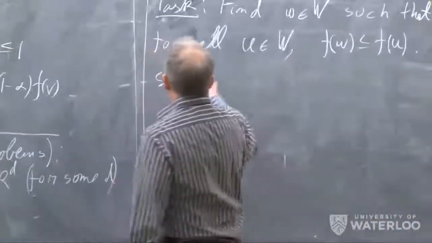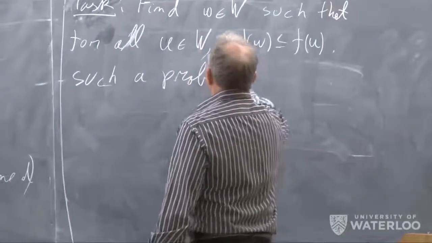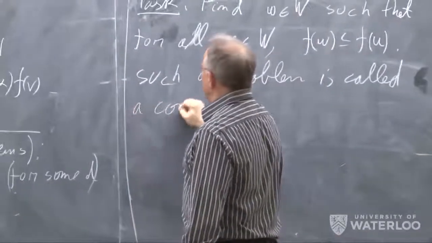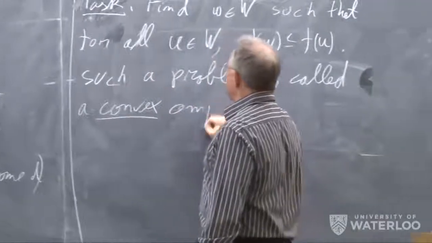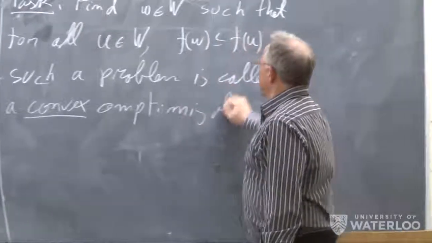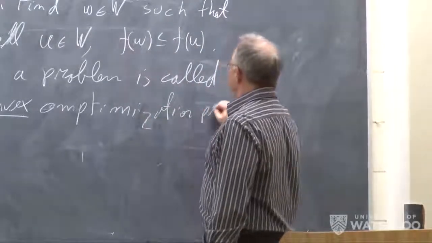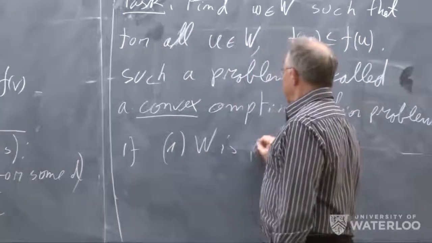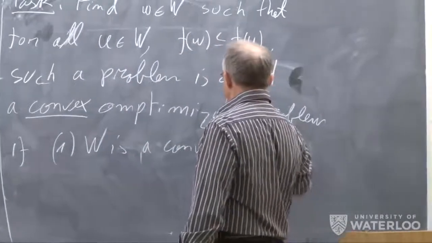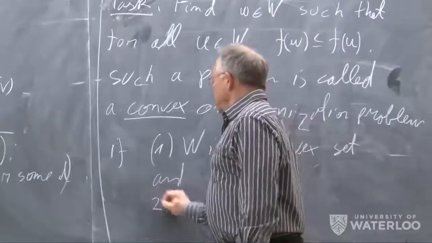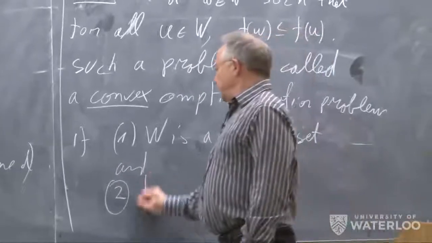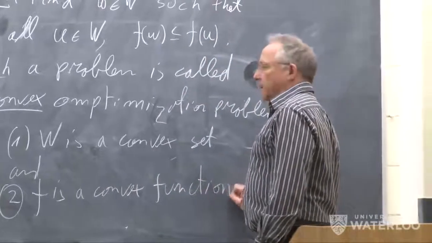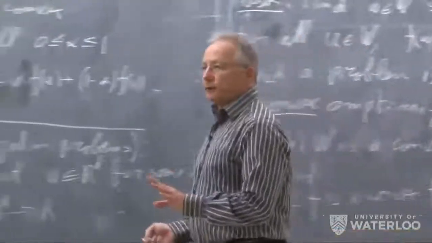Such a problem is called a convex optimization problem if one, W is a convex set, and two, f is a convex function. So this is in general a convex optimization problem.